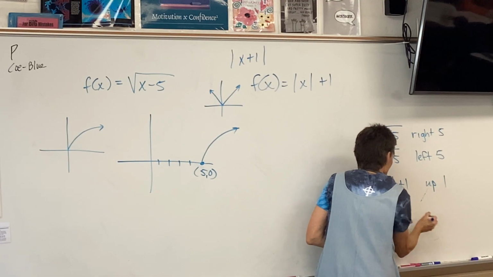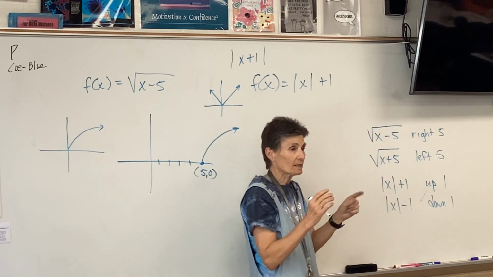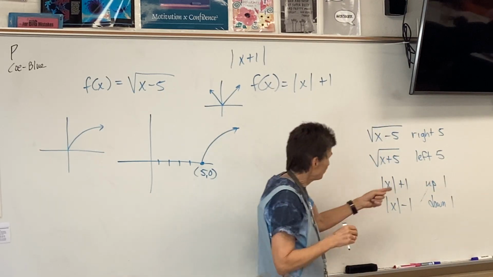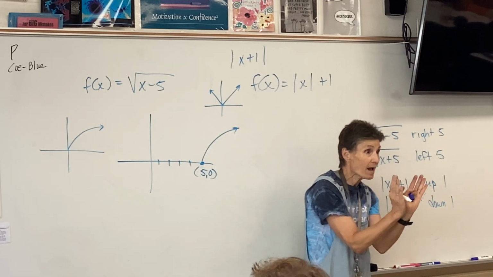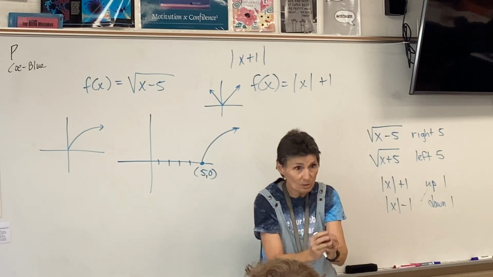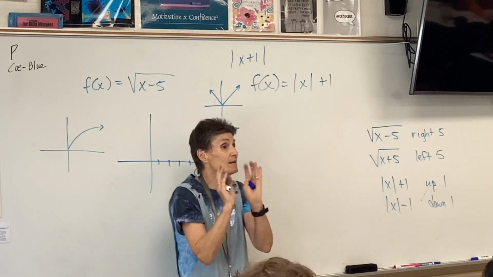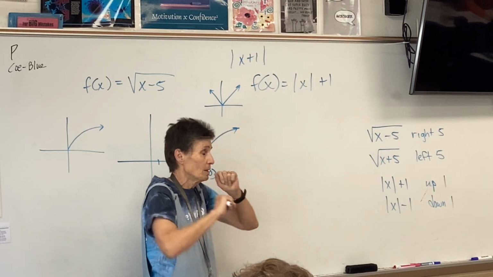If we have the square root of x minus 1, it is down 1. And if you're thinking, how come plus is up? I thought it would be opposite. No. It's only opposite when it's inside. Inside parentheses, inside absolute value, inside square root, then it's opposite. But if it's outside, it's exactly what it says.